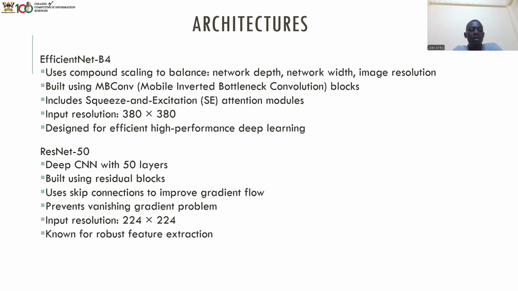Then for the ResNet, it is also a deep CNN, but with 50 layers, built using residual blocks. It also uses skip connections to improve the gradient flow, hence preventing the vanishing gradient problem. It takes an image resolution of 224 by 224.